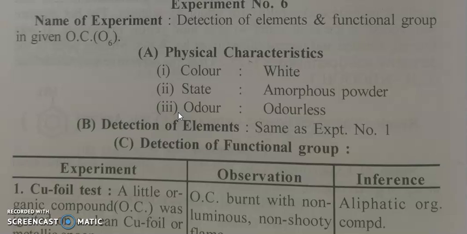By testing the sodium salt using a specific reagent, elements present in the organic compound can be detected. Organic compounds always contain carbon and hydrogen. If nitrogen is present, then after heating, sodium cyanide will form.